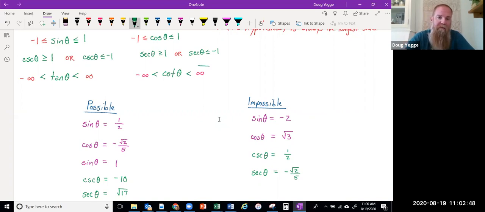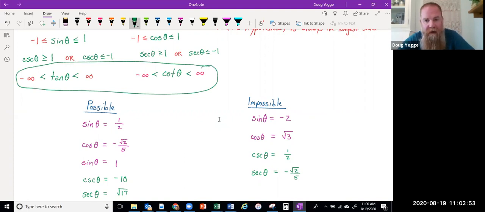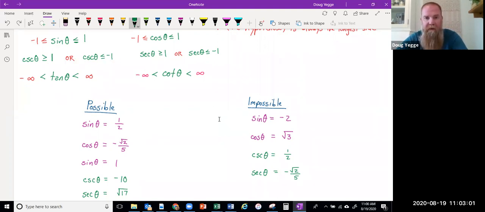But for cotangent and tangent, there is virtually nothing that is impossible here. We realize that the values of tangent of theta will always yield values between -infinity and infinity.